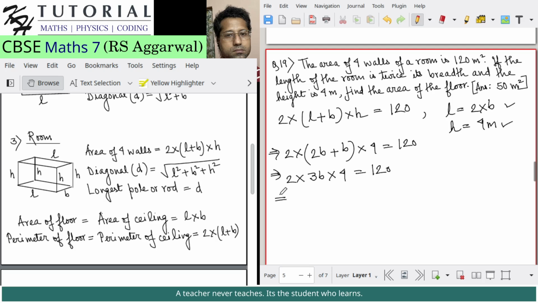If I simplify, we get a linear equation in b: b multiplied by 3 into 2 into 4, which is 24, so 24b is equal to 120. So b is equal to 120 divided by 24, which is 5 meter. The breadth of the room is 5 meter.